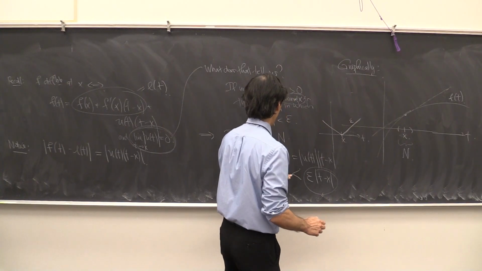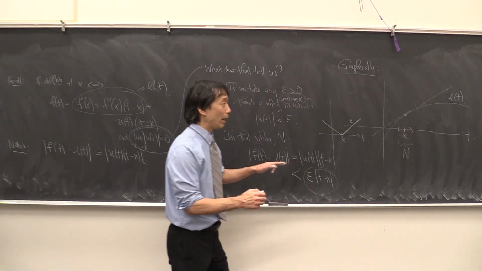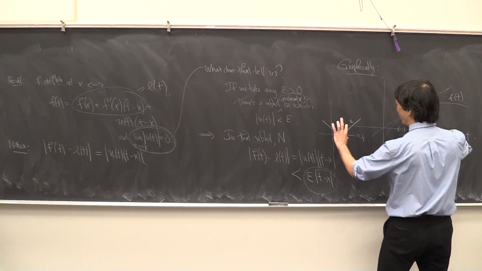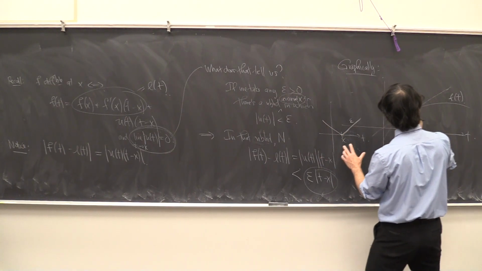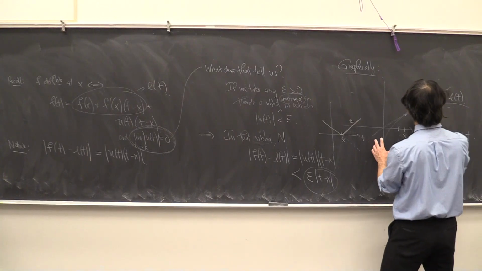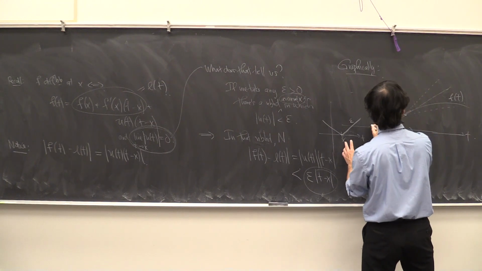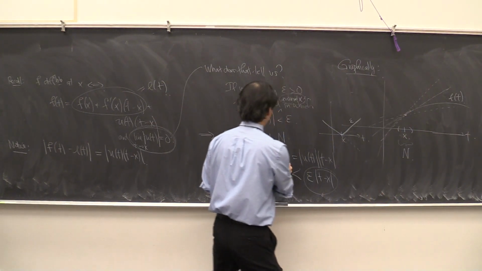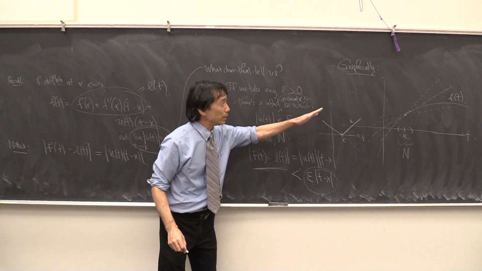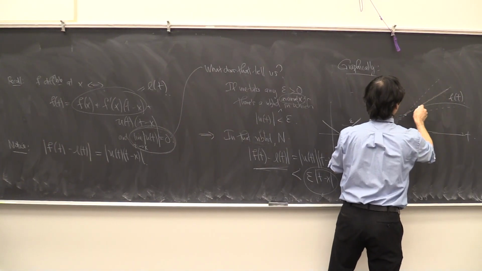Okay. So what does that say? Graphically speaking, it says that if you take this line and then you add on a slope of plus epsilon and a slope of minus epsilon, the function lives inside that cone around the line.